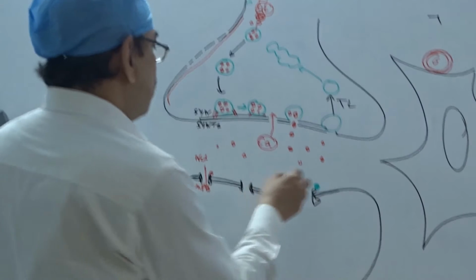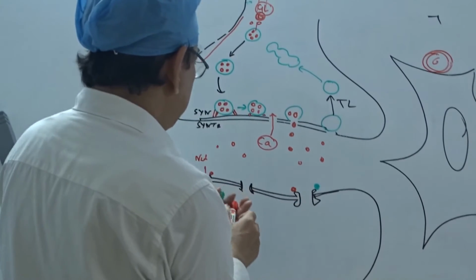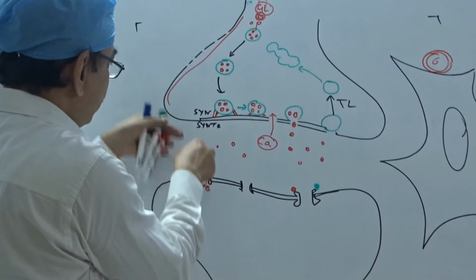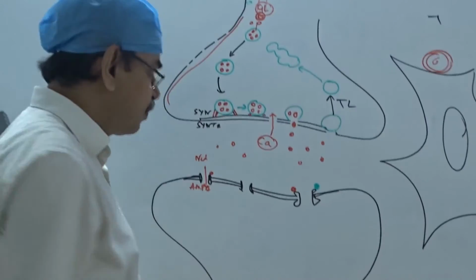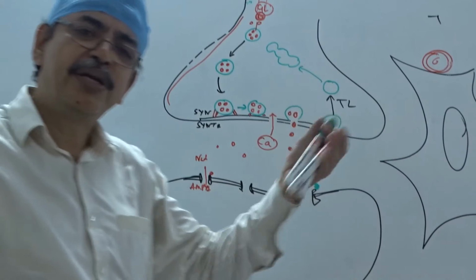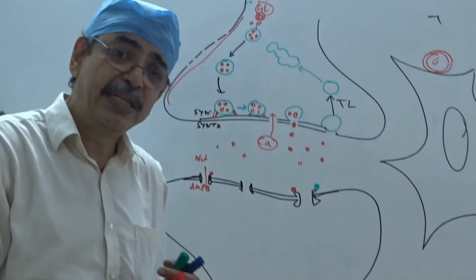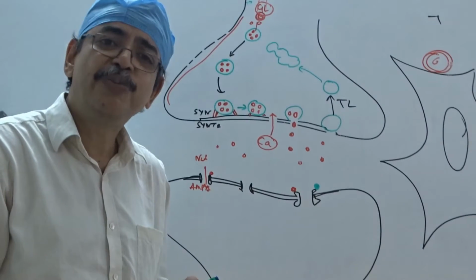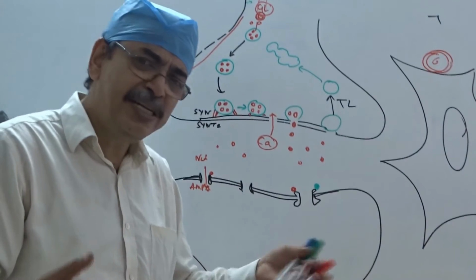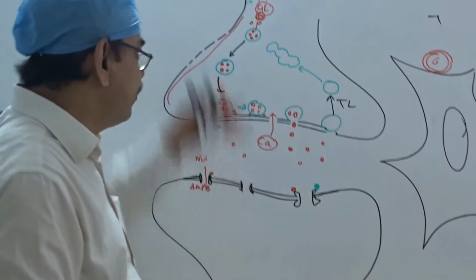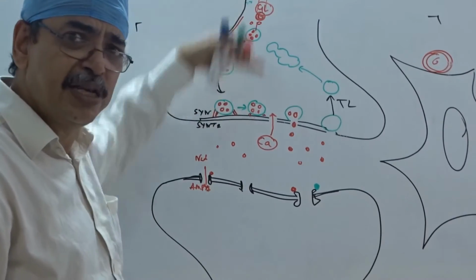Now, after the sodium enters, what happens? If there is continuous inflammation and ongoing pain, for example after a surgery where analgesia has not been given adequately, the patient is having pain, which means the action potential is continuously coming.